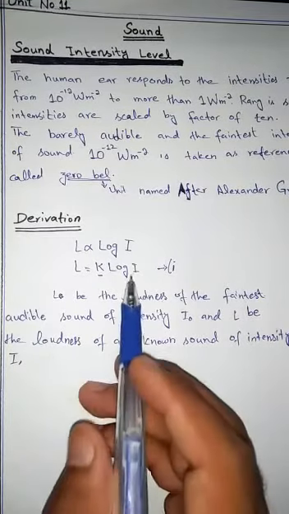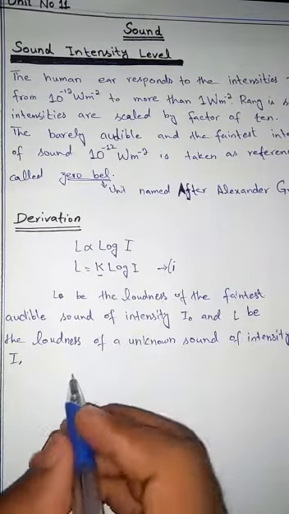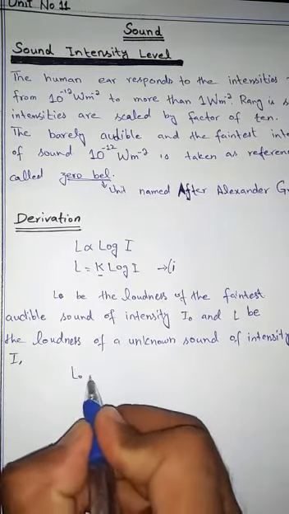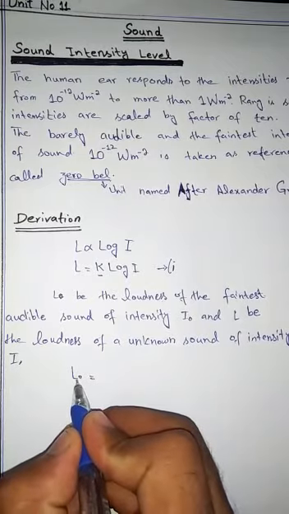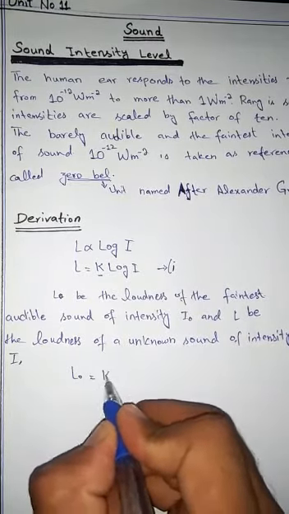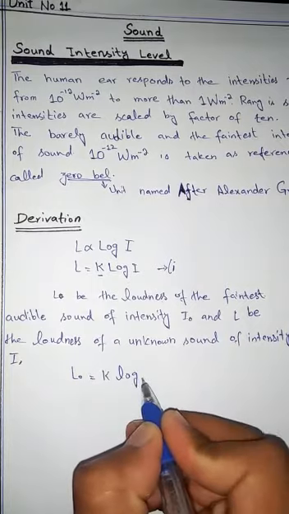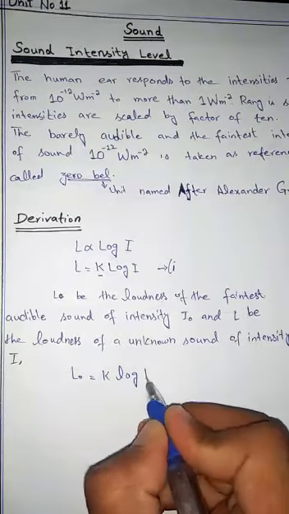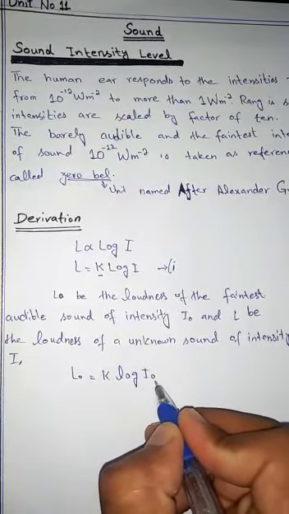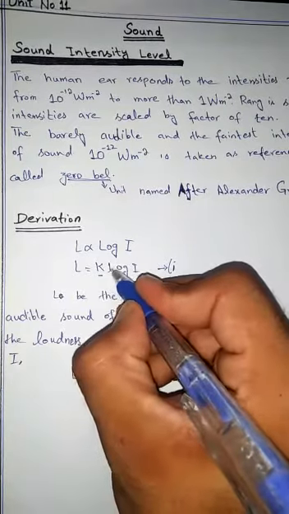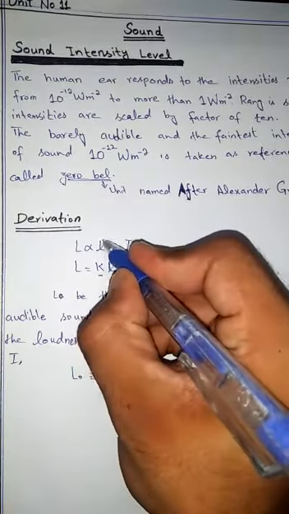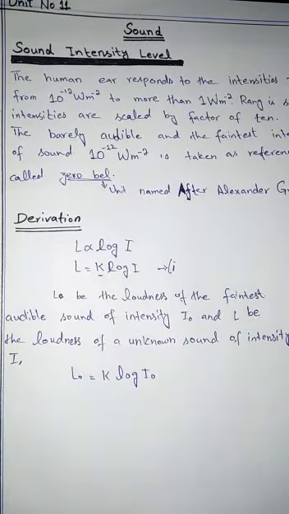So the first equation can be written as L = k log I, the loudness of the unknown sound, and the second as L naught = k log I naught, for the audible sound. Clear?